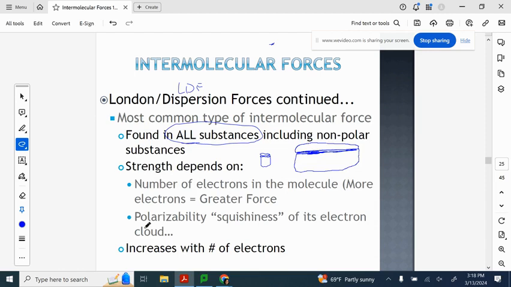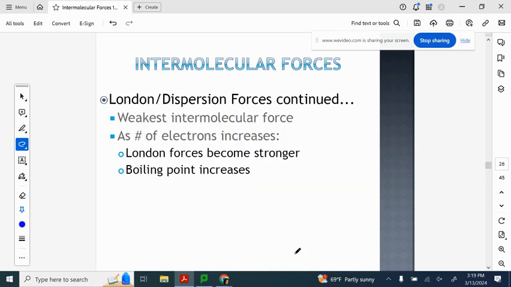Okay. So this is going to increase with the number of electrons. Good? All right. So as the number of electrons increases, your LD, London dispersion, forces become stronger.